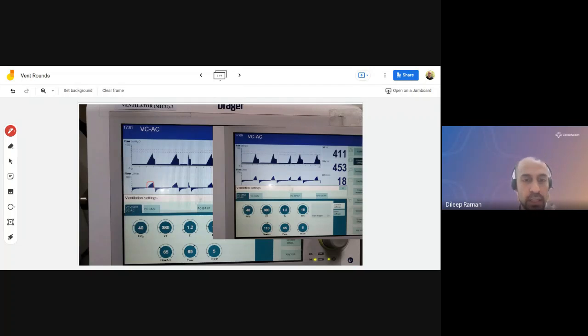That means if this is volume control, then pressure has to become the dependent variable. But we know that pressure is actually being controlled here. That is the only thing you can set, by the way. That's the only thing you can change for the control variable on this ventilator. You cannot change flows here. And the tidal volume target just ends up being a cycle criterion. It's not a control variable.